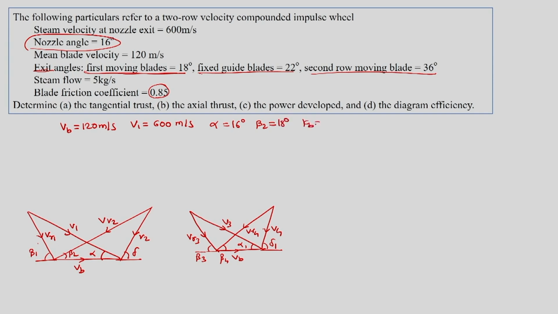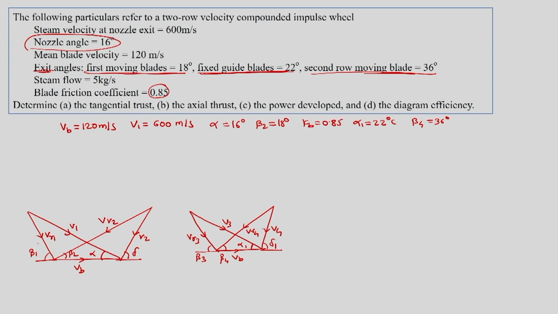Then friction factor KB is 0.85, and then we are told that alpha 1 is 22 degree, since it is the exit angle for the first guide blades. So, this is alpha 1, and then for the second moving blades, beta 4 is given as 36 degree. Knowing this, we should proceed with this example.